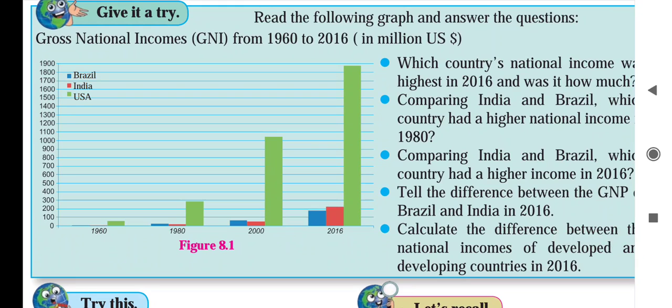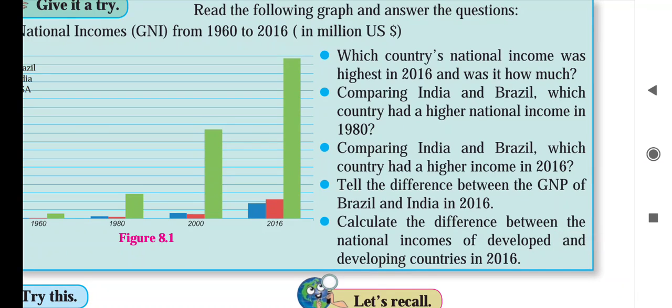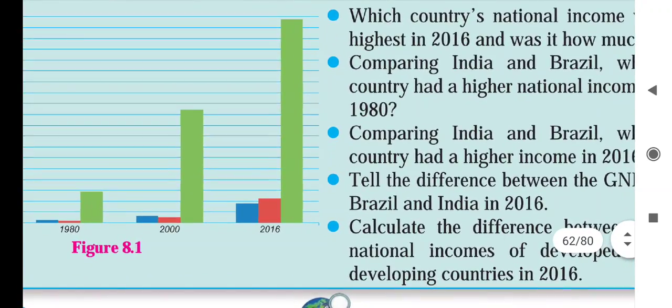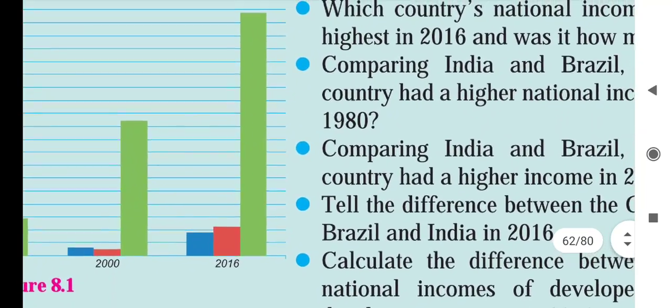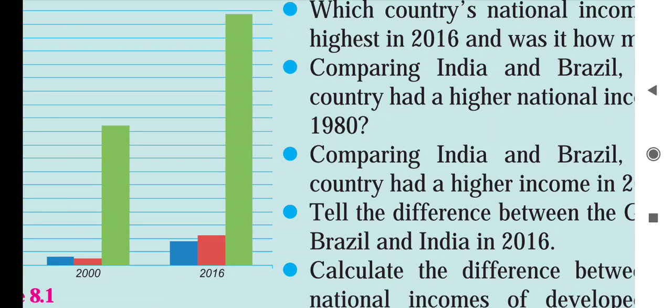Question number 1, what is asked? Which country's national income was highest in 2016, and how much was it? So here, in 2016, which country's national income was high? Of course, USA.